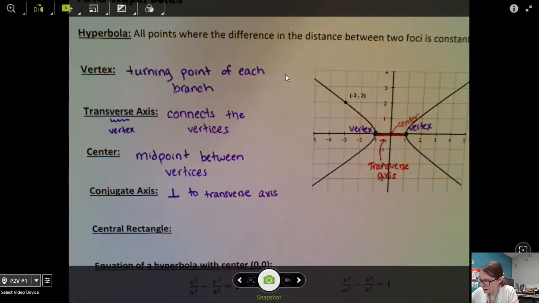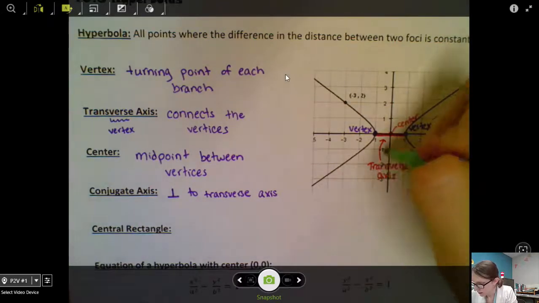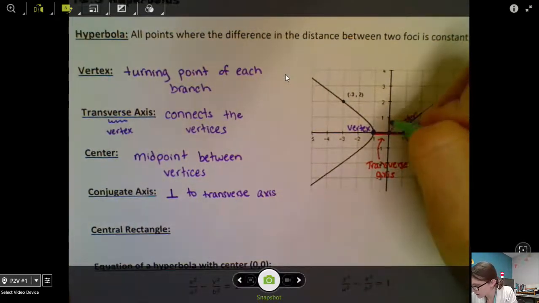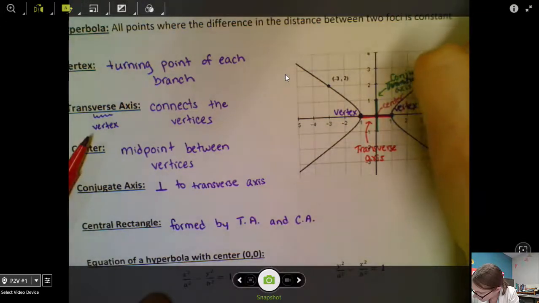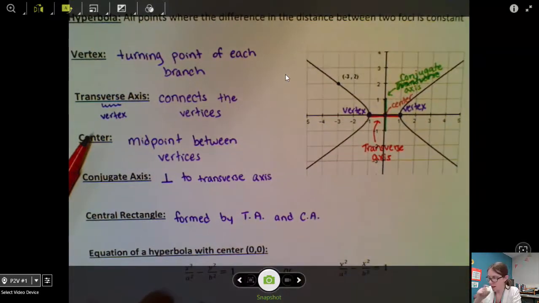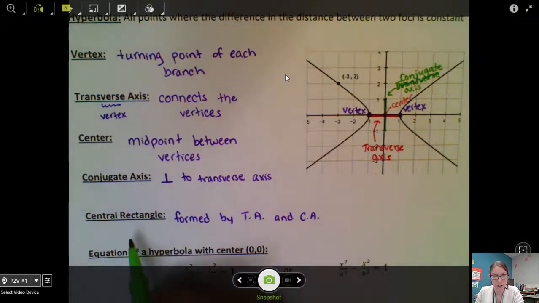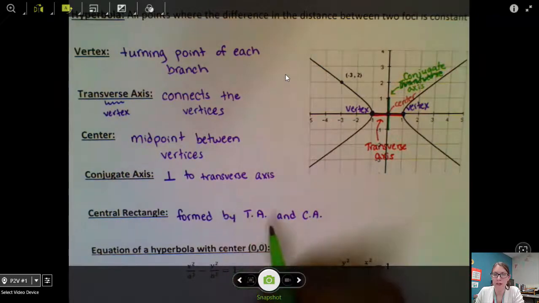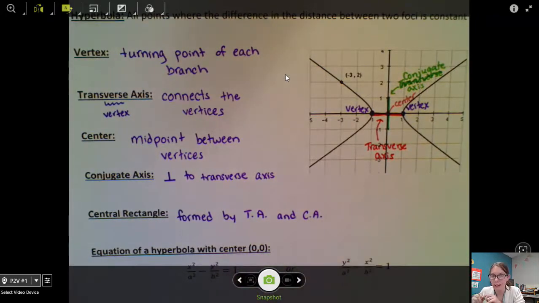So here's your transverse axis, conjugate axis is perpendicular. So central rectangle then is formed by the transverse axis and the conjugate axis.